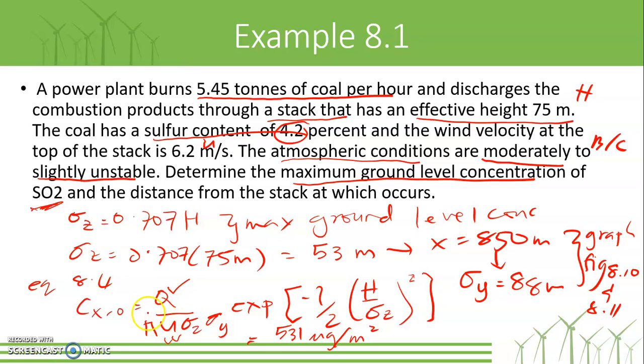For how to calculate Q, it's only based on the sulfur. That's why earlier, if you see in example 8.1, you see how they calculate for sulfur dioxide. Sulfur is 32, oxygen is 16, but it's 1 to 1, so 1 sulfur and 1 oxygen.